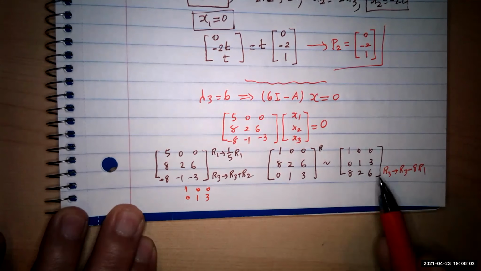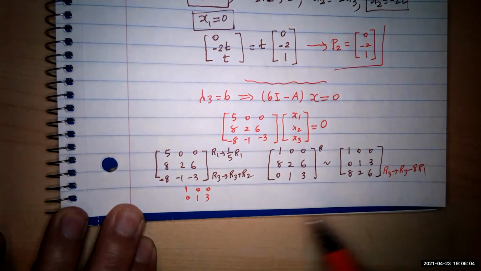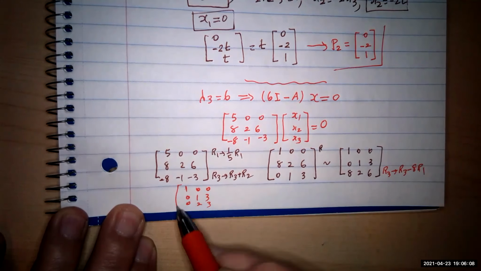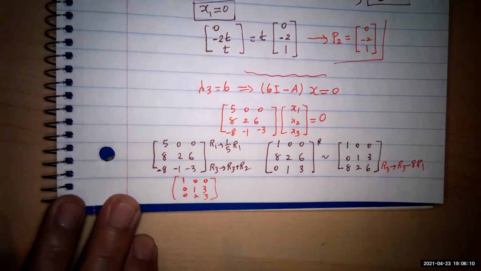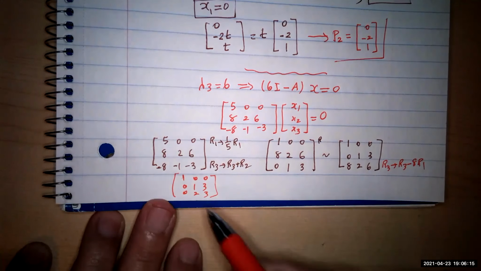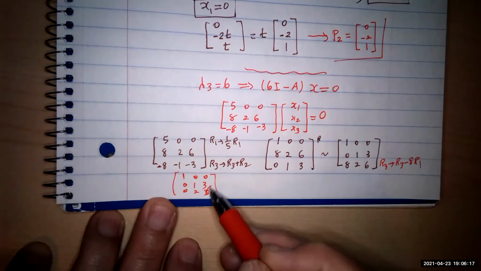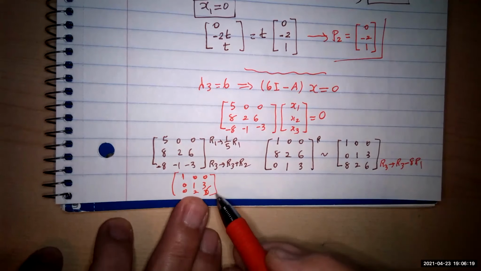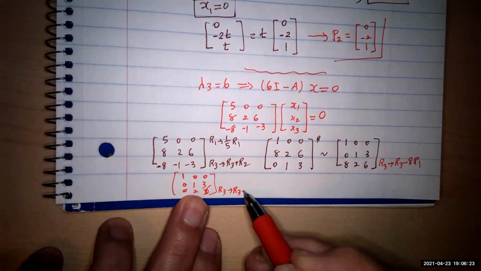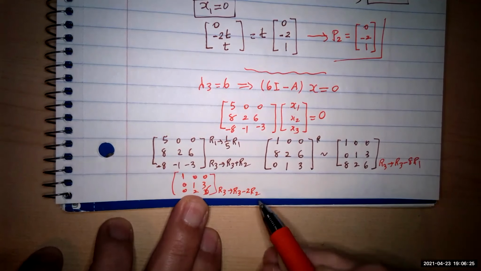And the last one is going to be what? The last one's going to be 0, 2, 3, which is the same as the second part, and that's of course 6. So this is it. You change R3 into R3 minus 2R2.